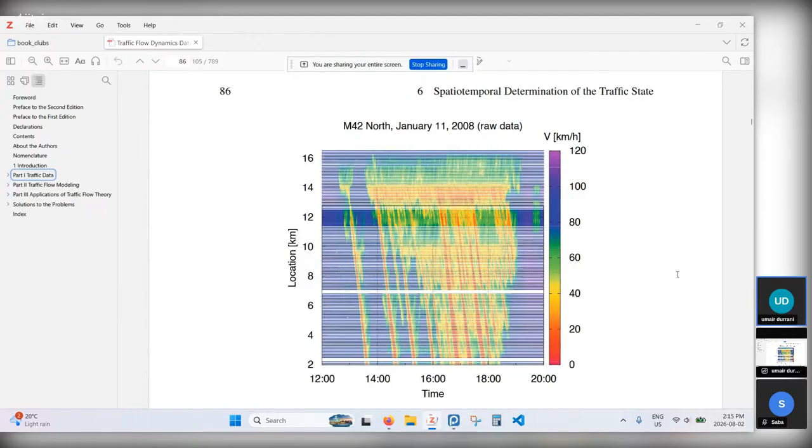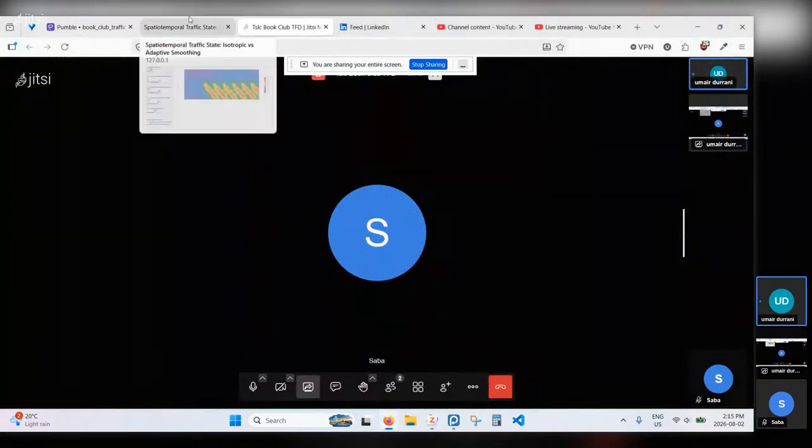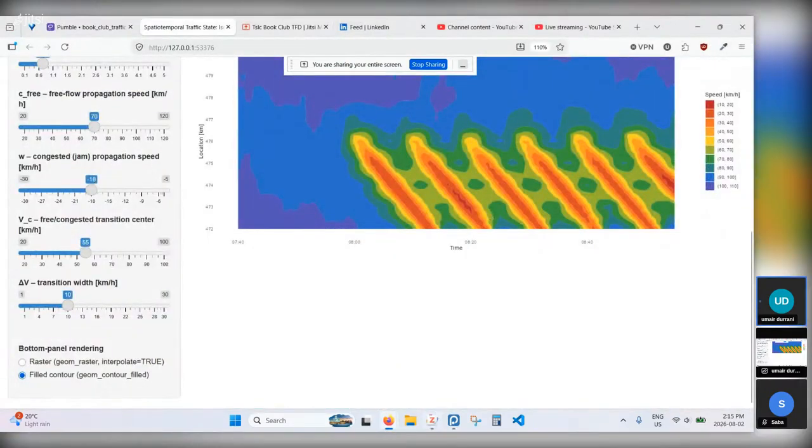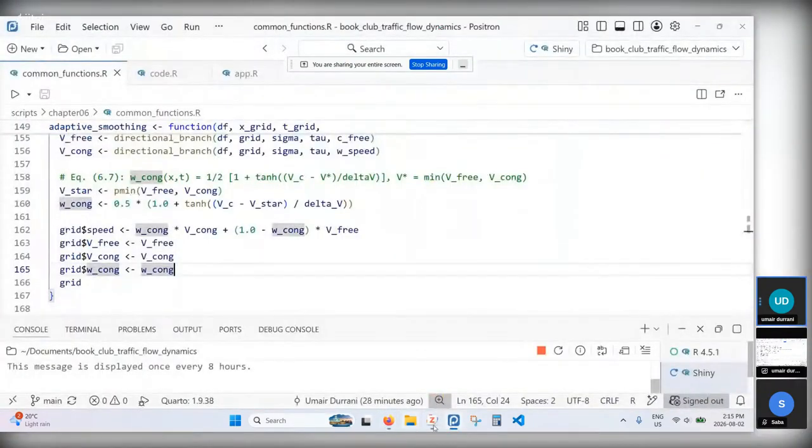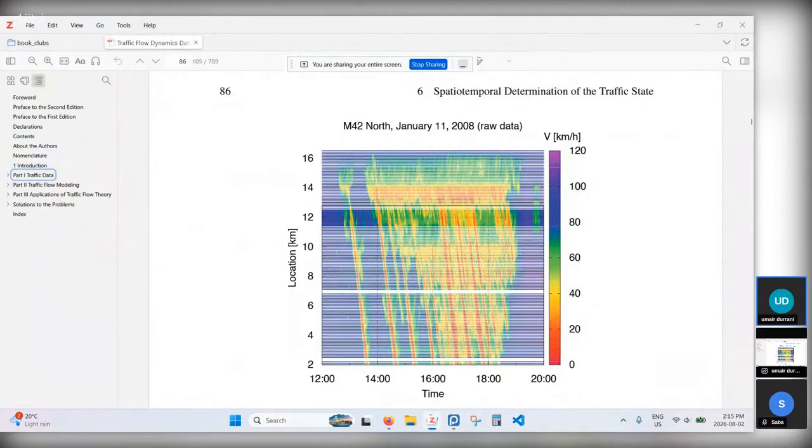And then without any smoothing, this is the result. You can see these individual lines. When we color the speeds, just like how we are coloring this, when we color all of them, then we get this result. This is without smoothing. This is direct result from detectors.